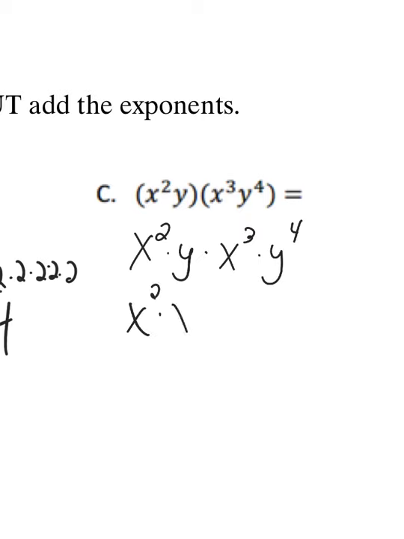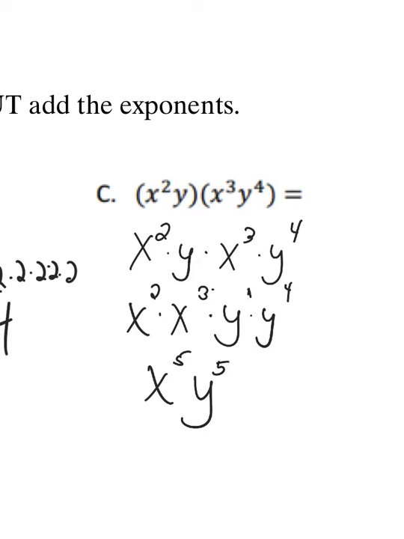The commutative property says we can change the order of things and make it so that the like powers are next to each other to make it a little bit more clear that when I add 2 and 3, that's x to the 5th. Y times y to the 4th is y to the 5th. There is a 1. If you don't see the exponent, you can assume there's a 1 there.